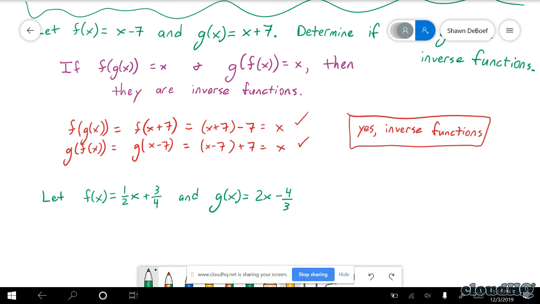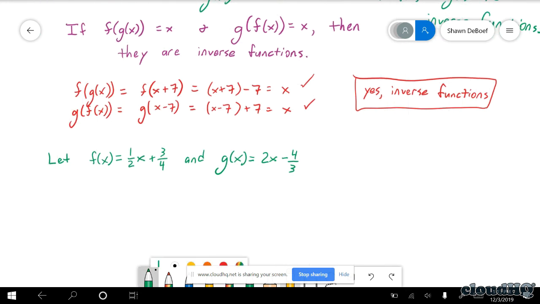But especially initially, I wouldn't rely very heavily on that. Let's go ahead and test it. Let's plug them in and see if they invert each other.